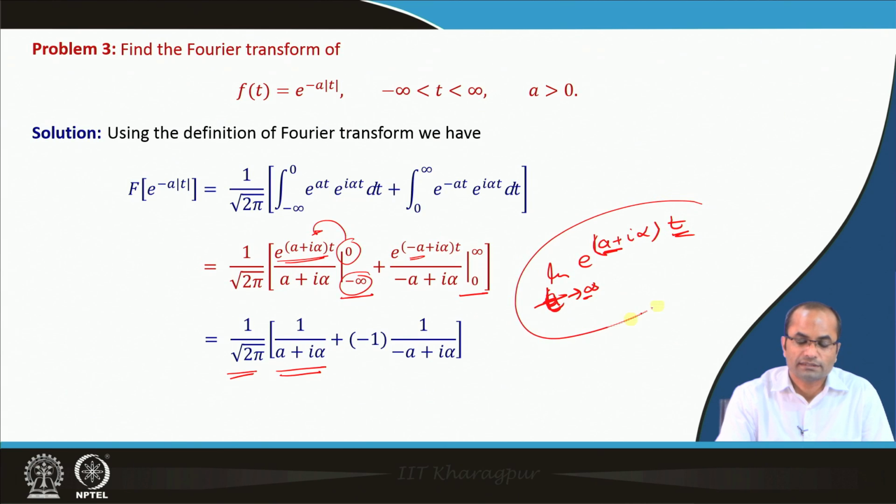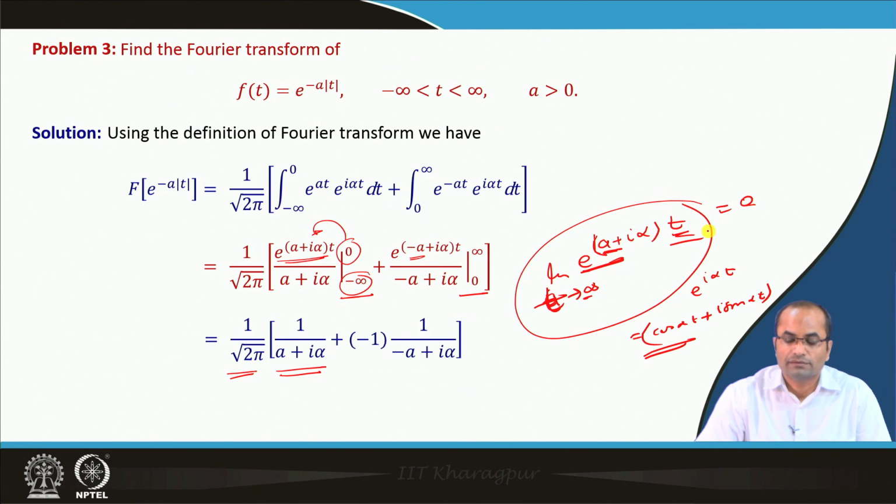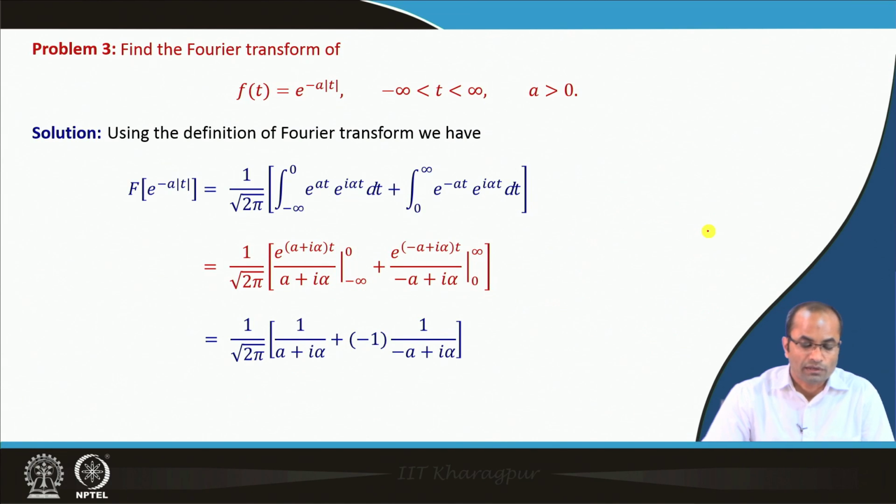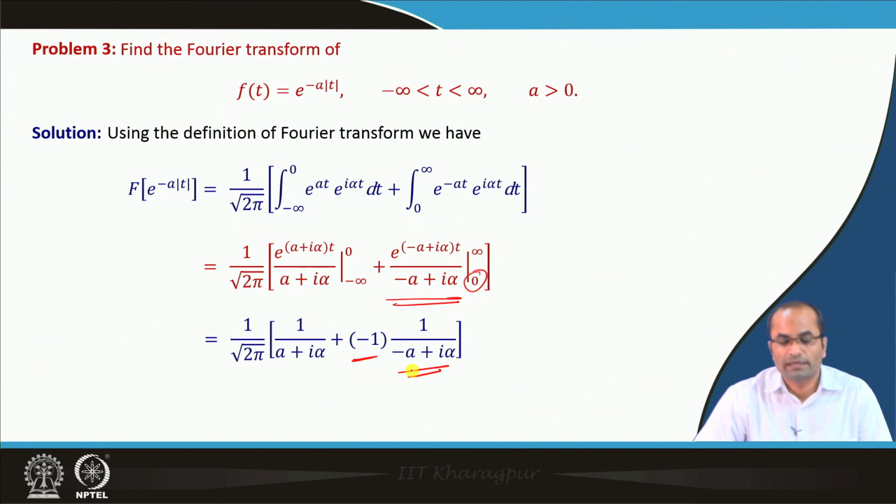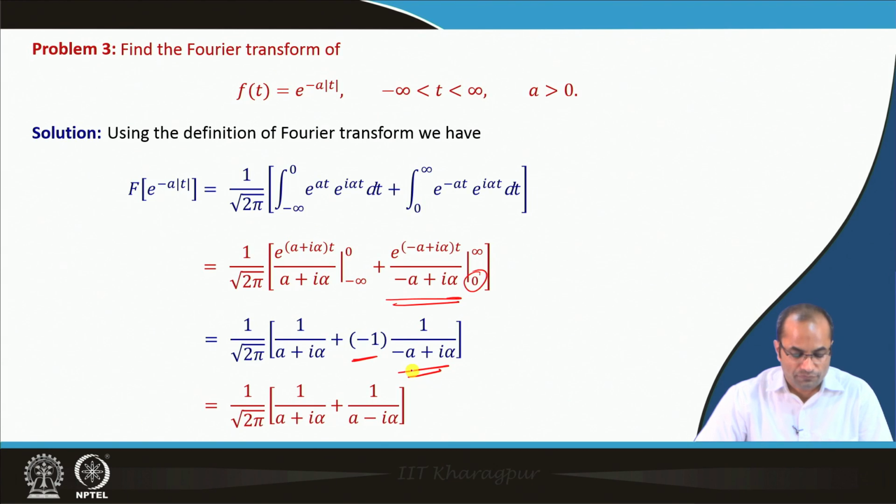In both cases this quantity will go to 0, because e^(i alpha t) we can write as cos alpha t plus i sin alpha t, which is a finite number, and then we have e^(at) going to 0. So, at 0 this will survive with the negative sign, because this is the lower limit, and then we have 1 over minus a plus i alpha.